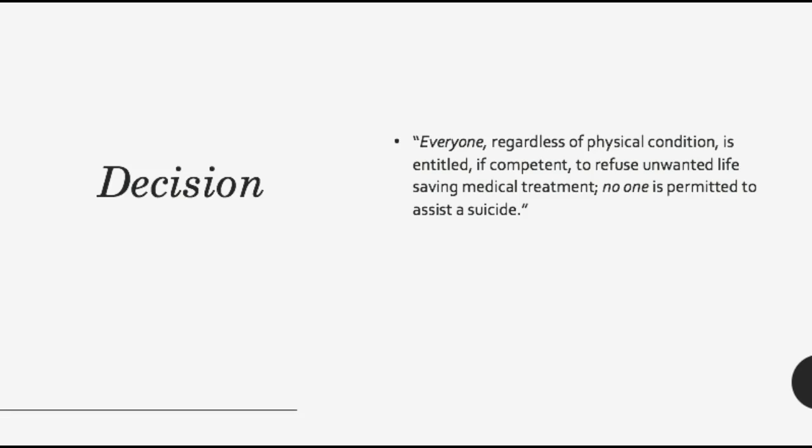But no one is permitted to assist a suicide. So, the court made a really broad pronouncement in the Nancy Cruzan case, saying basically people can refuse treatment even if it would save their life. However, the limits to that include that no one is able to assist in the hastening of a suicide.